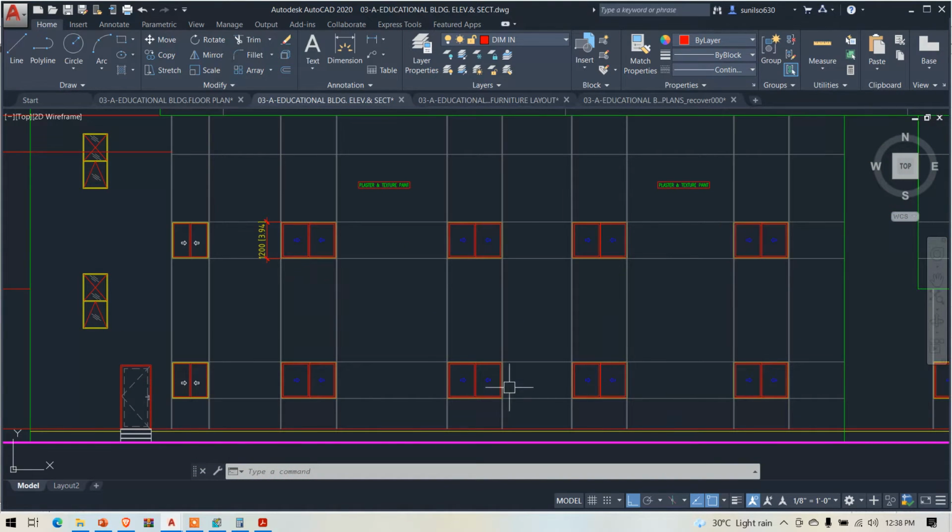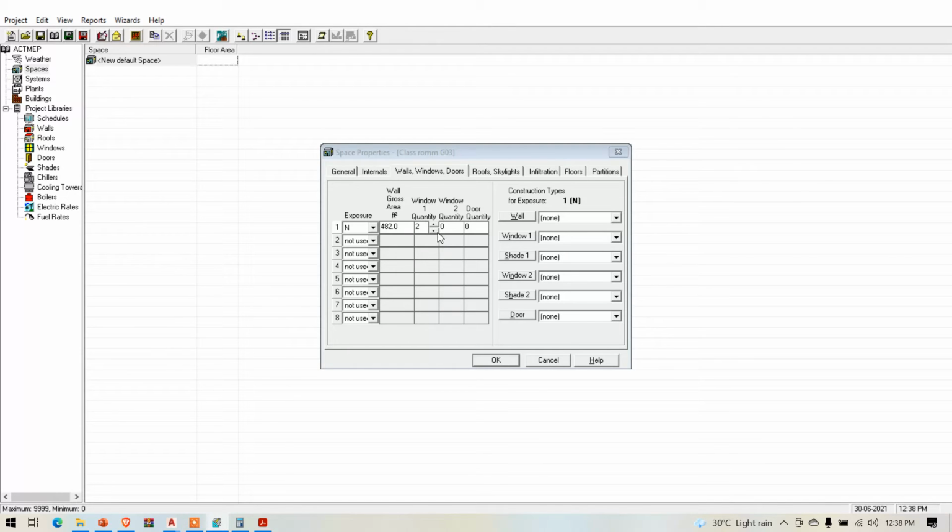Since it is a school building, you can observe that all the windows are the same size and the same shape, so no need to consider window number 2. If there is any other size of window, then we have to consider separate windows. Since this one and this one are both the same, no need to consider any window 2 quantity.